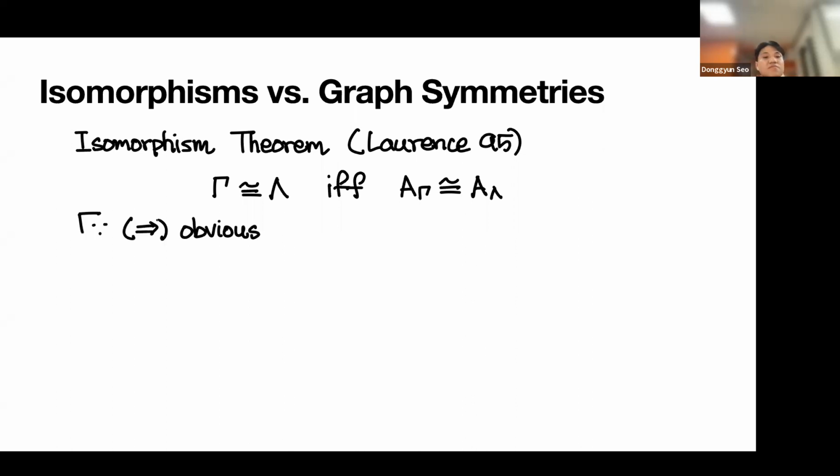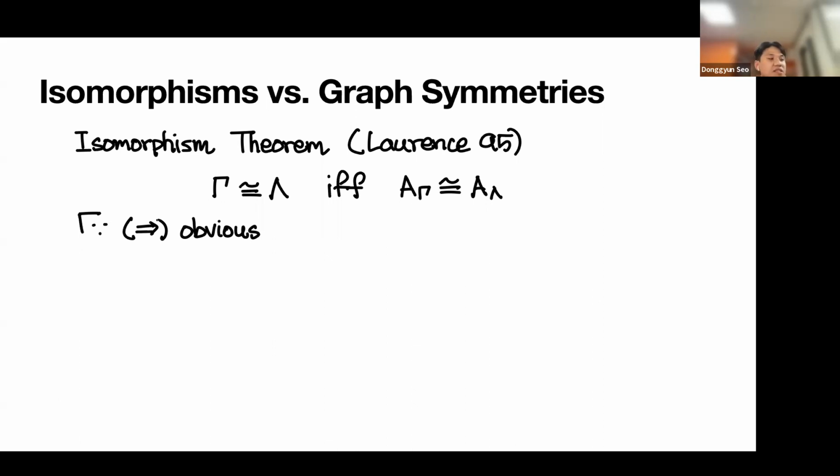The direction from left to right is very obvious, because a graph symmetry is just a graph isomorphism.